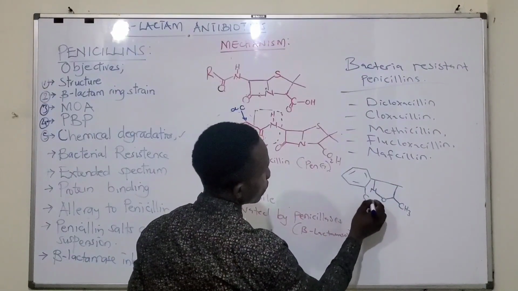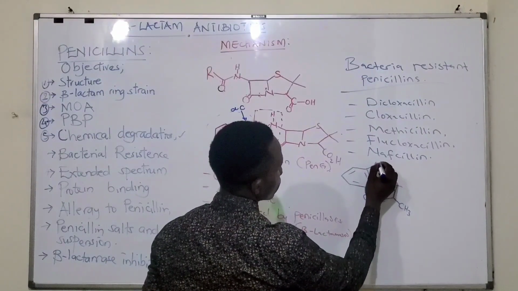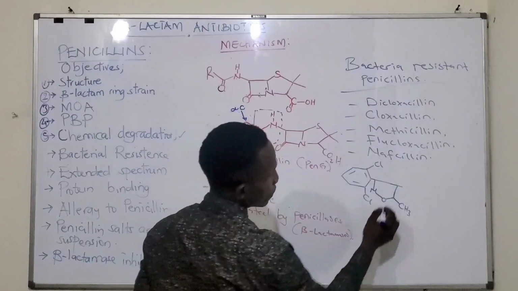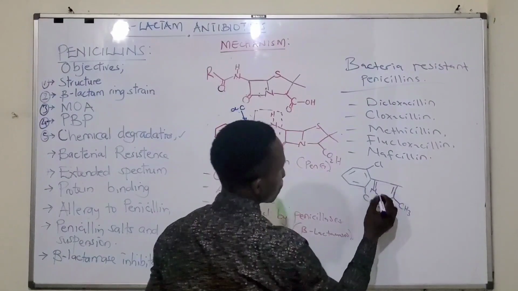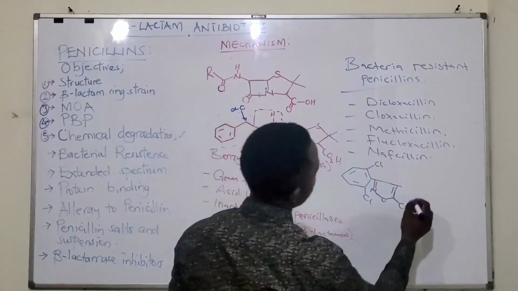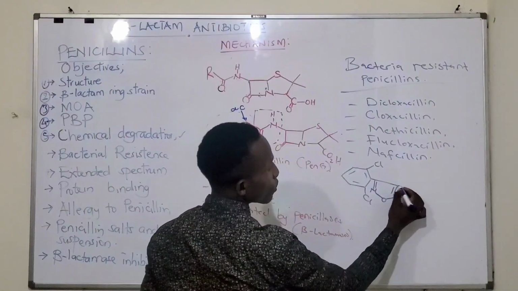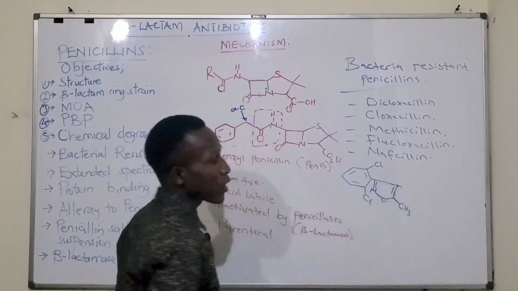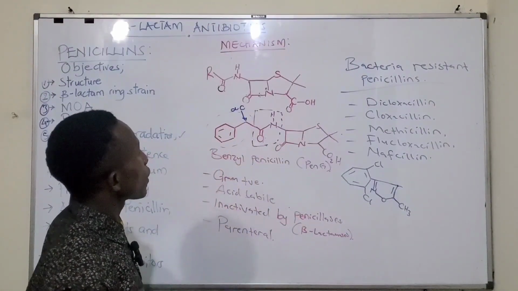So dicloxacillin means here we have a chlorine, here we have a chlorine. So this alpha carbon, now it's here, it's part of the ring, that alpha carbon.